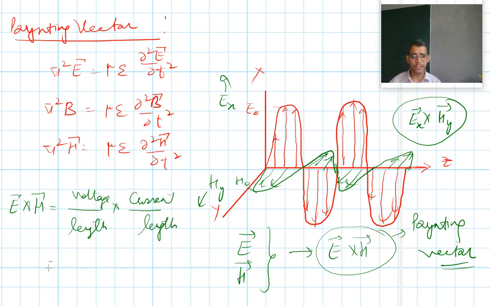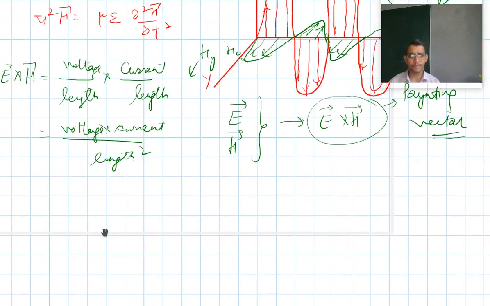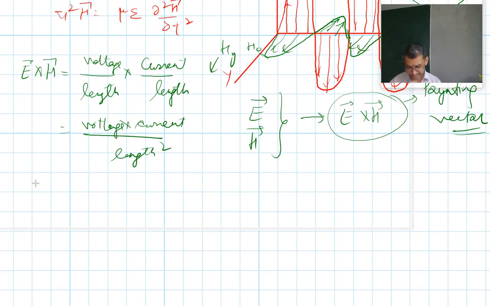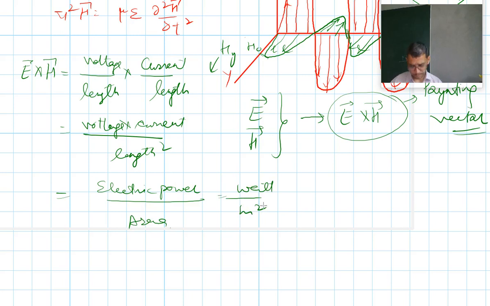So it is voltage into current upon length square. Voltage into current represents electric power, and this is area, so its unit is watt per meter square.